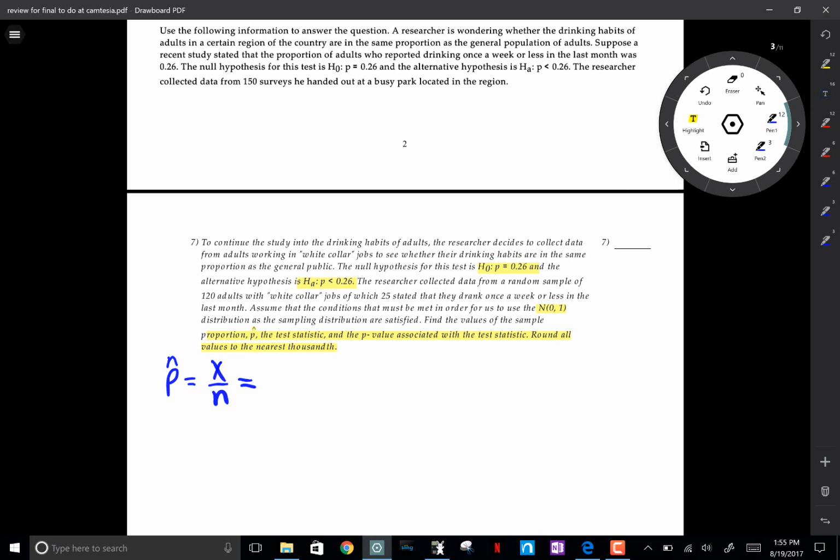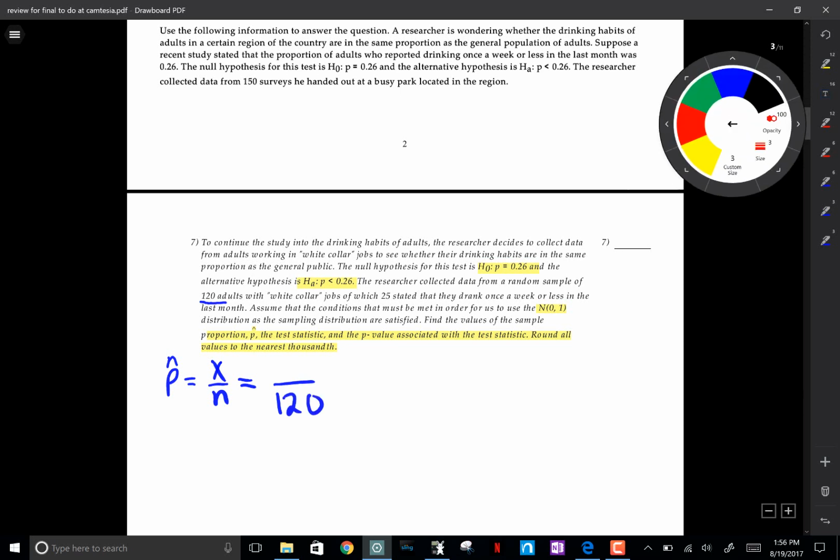And x represents how many people with the characteristic we're looking for fell in that sample. So the sample is 120 adults, so we put 120 on the bottom. And x is how many people fall under white collar, so that's 25.